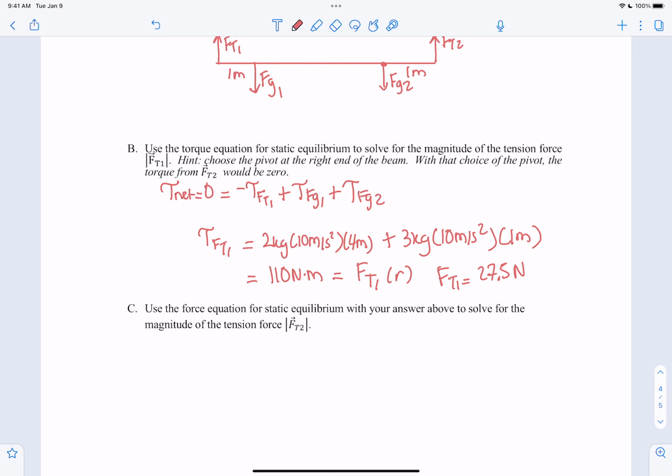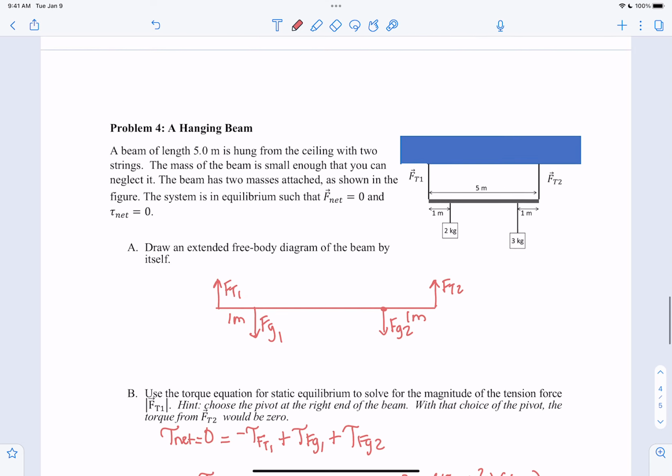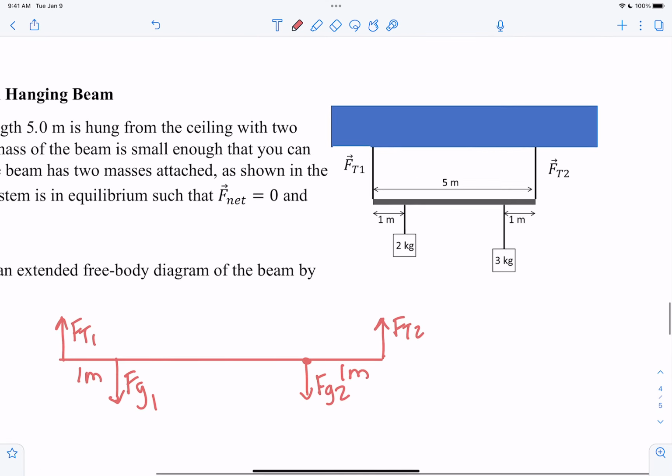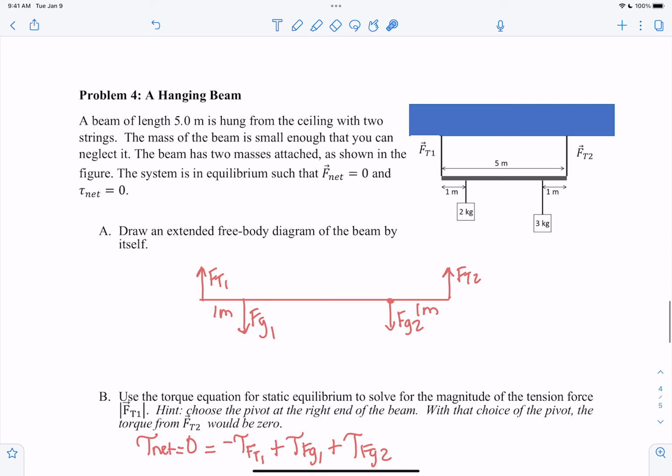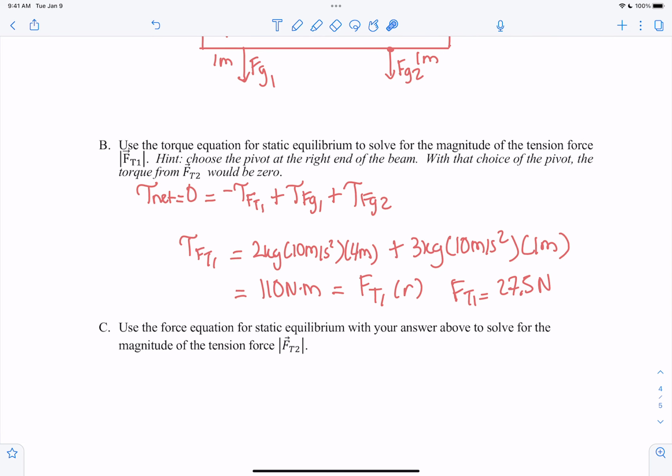I put R as 4 because if this whole thing is 5, and here is just 1, and here is 1, then this distance from here to here is 4, because 4 plus 1 would be 5. So I had my R as 4, so I did 110 divided by 4.